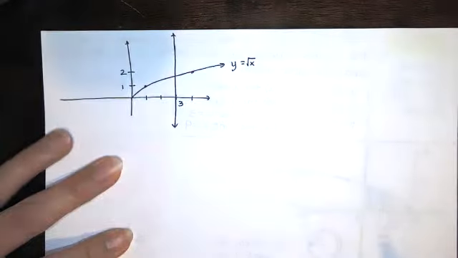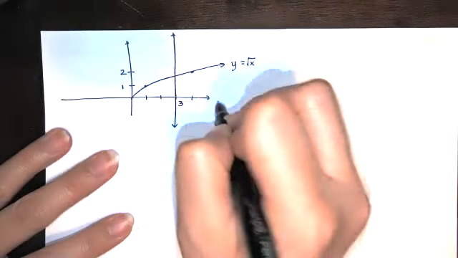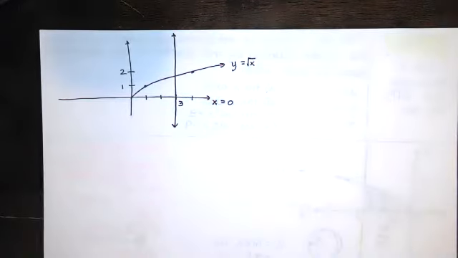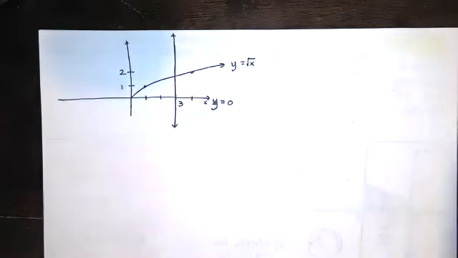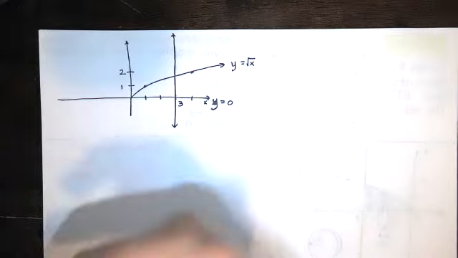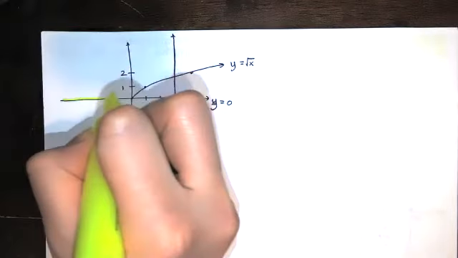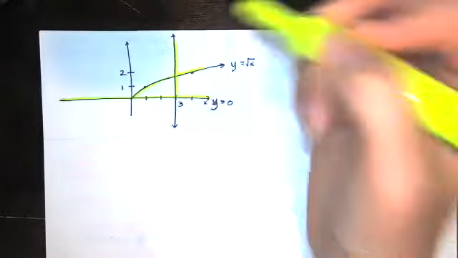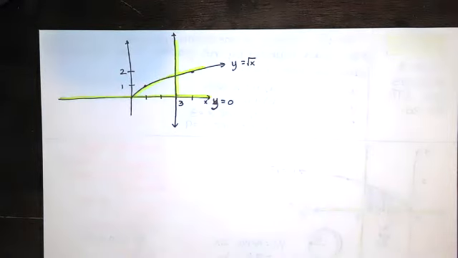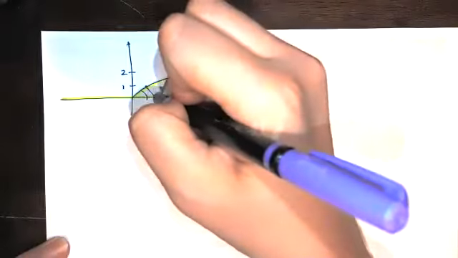Y equals 0 is still the x-axis. So I have x equals 0, y equals 0, and that's on the x-axis. And the region that we're looking for is bounded by that curve, and that curve. So our region is this region here.